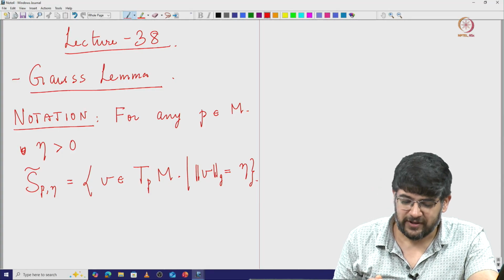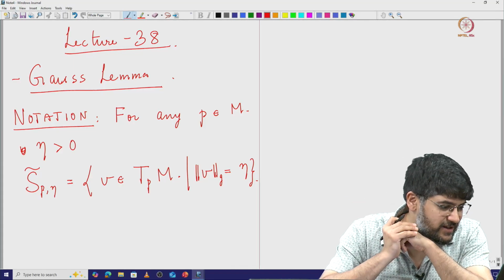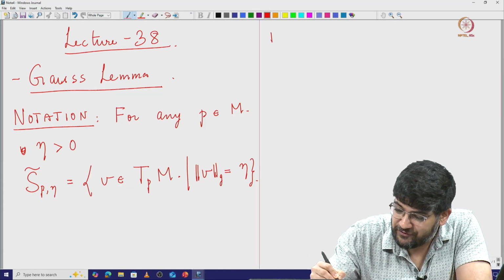So, this is really the sphere of radius eta in the tangent space.